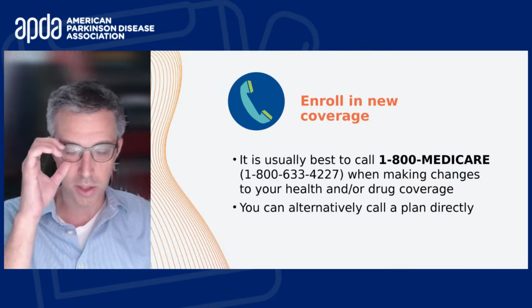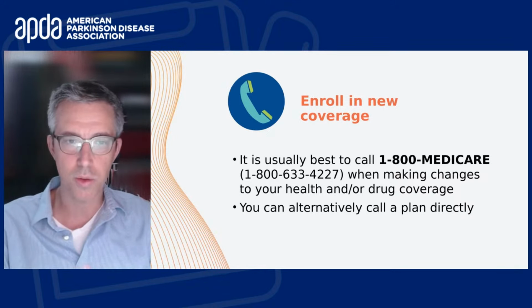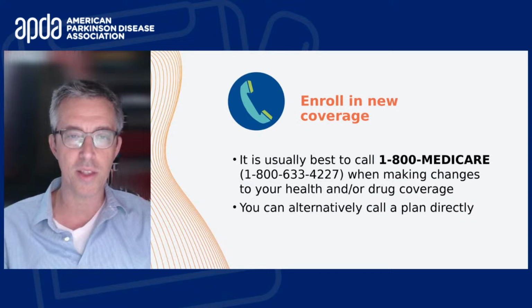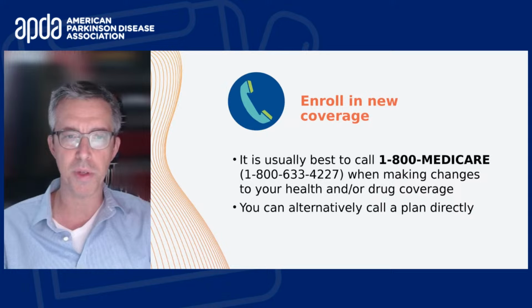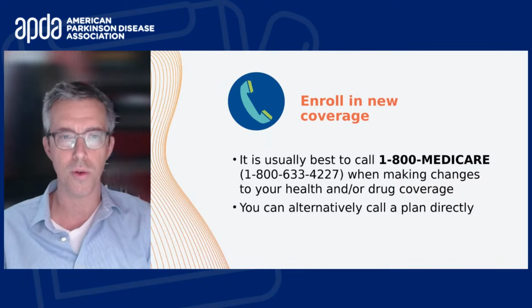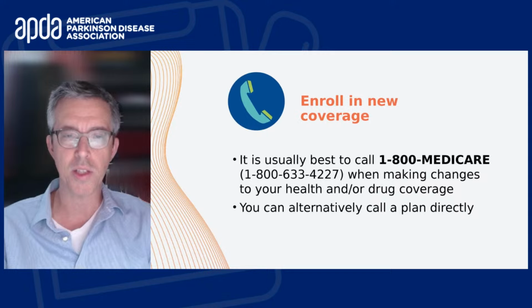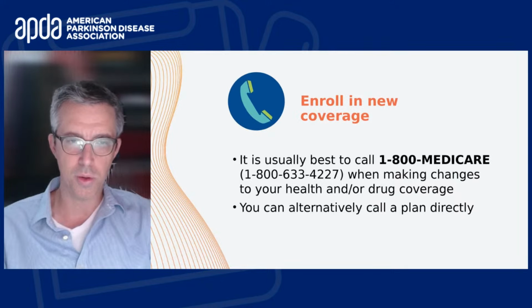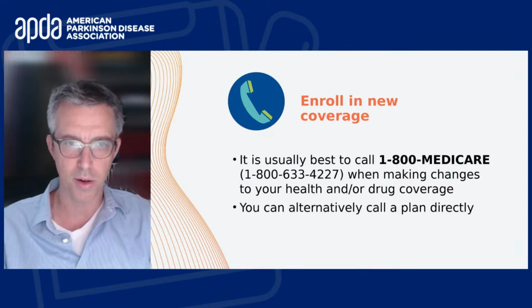And so there's actually some accountability when you make these decisions and make these changes. But if you call a representative of a private health insurance, you may never be able to figure out what got said to who or who made what decision. It's a much better idea for you to make enrollment decisions and enrollment changes directly with Medicare.